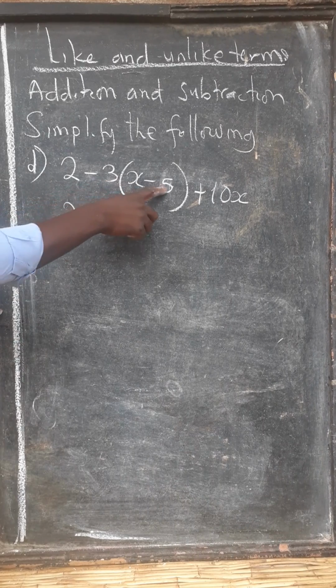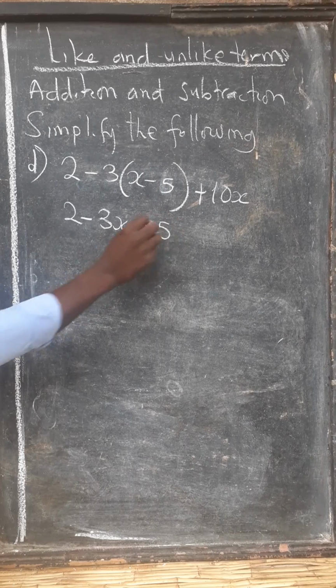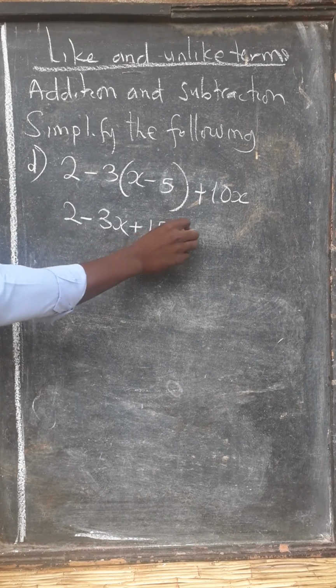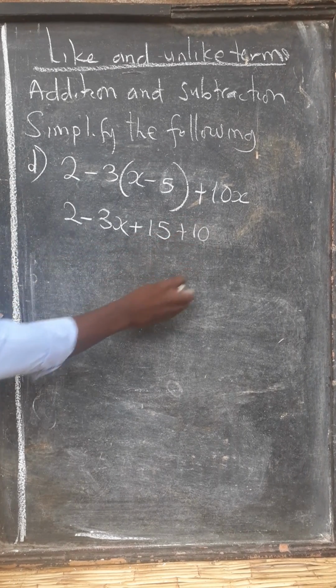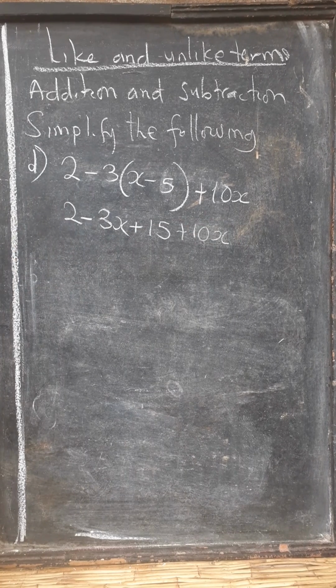Then 3 multiplied by 5, we're going to get 15. Then this one, we do not multiply it by 3 because it is outside the bracket. So we just write it as it is. When we get to this point, brackets have been dealt with. We go back to just rearranging. You put the like terms together.